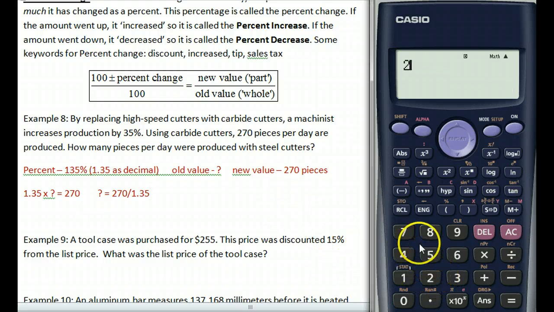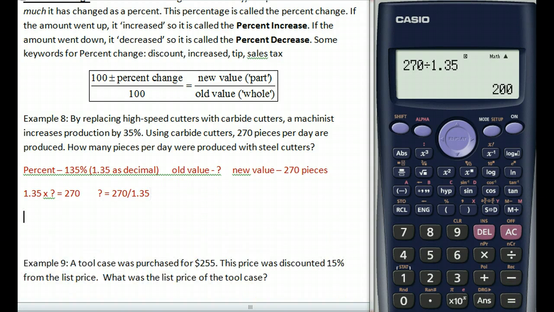So I take 270 and divide it by 1.35 to get my original number of parts, 200. So I know that 200 pieces per day were produced with steel cutters.